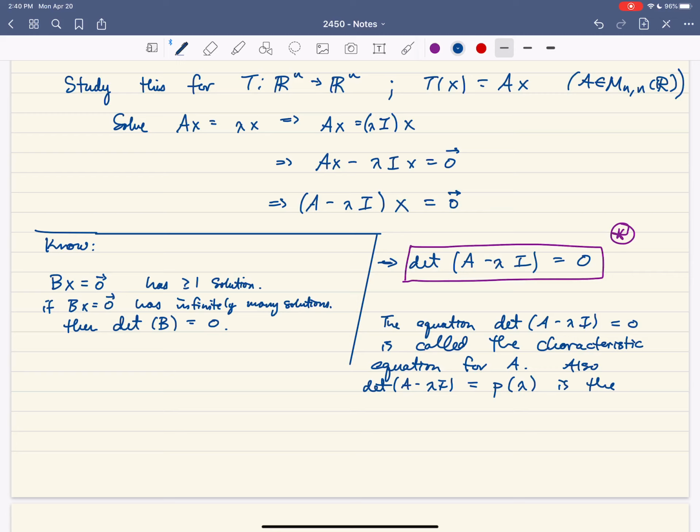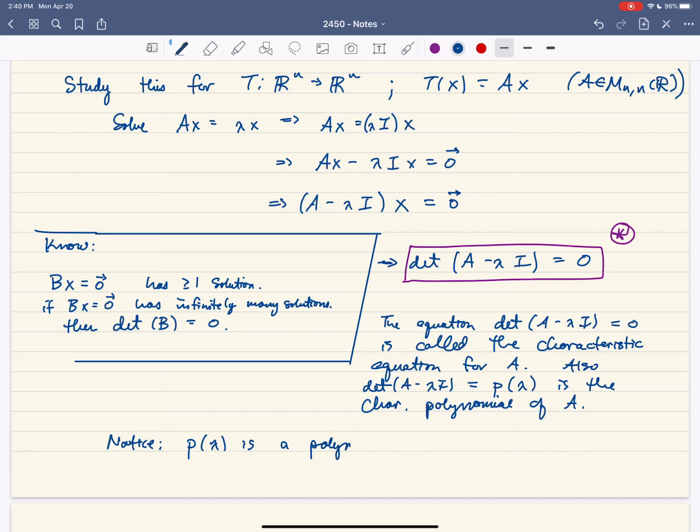This is called the characteristic polynomial of A. And I want you to notice that the characteristic polynomial is a polynomial with variable lambda of degree n.